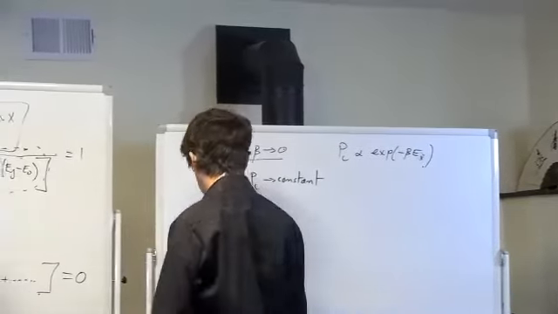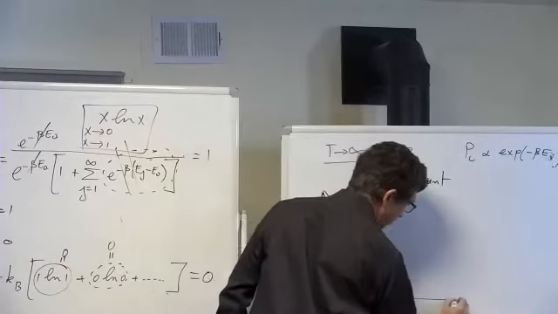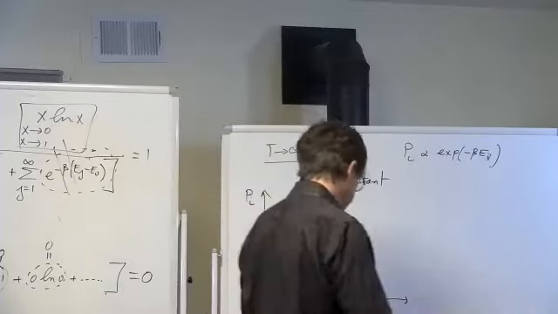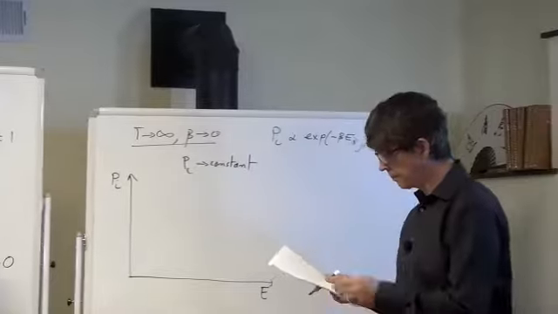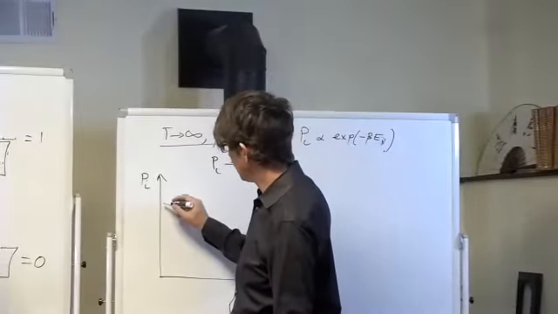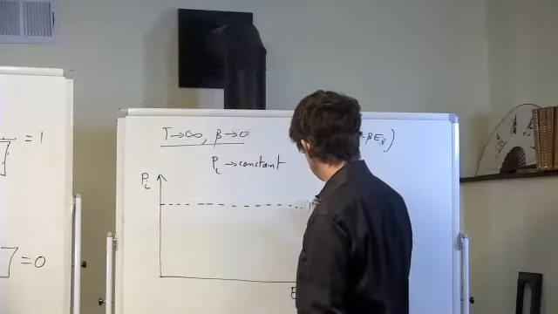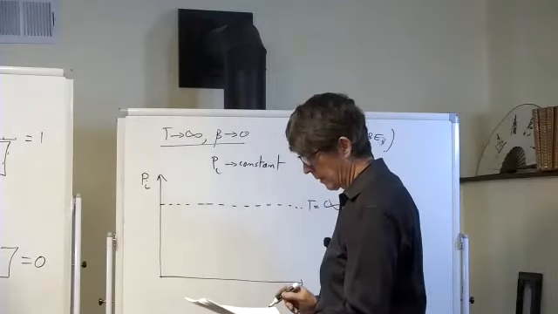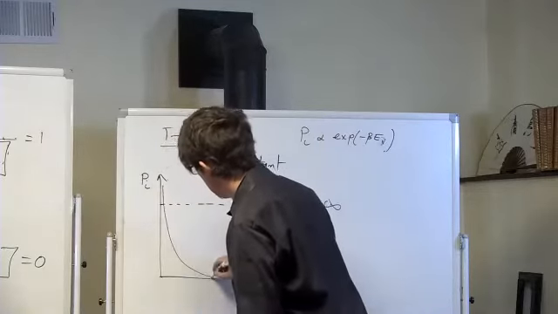So if you want to understand something about materials, it's useful to keep a simple plot in mind, where you plot the probability of microstates as a function of the energy. When you have infinite temperature, the probabilities are all the same. So this is T equals infinity. When temperature is small, the probability decays very fast.